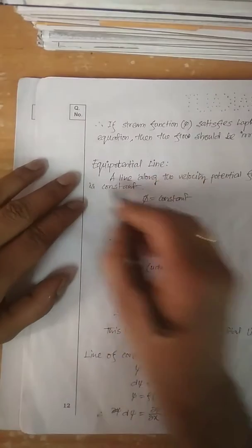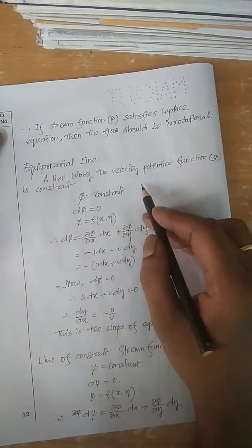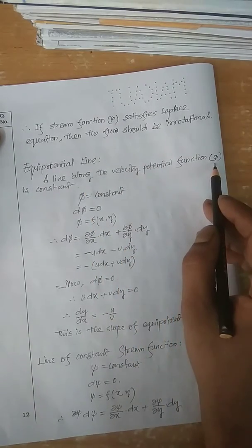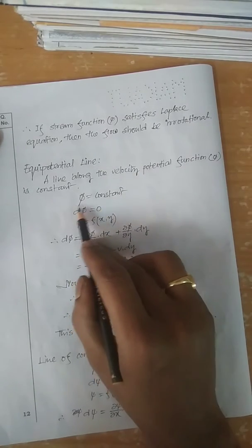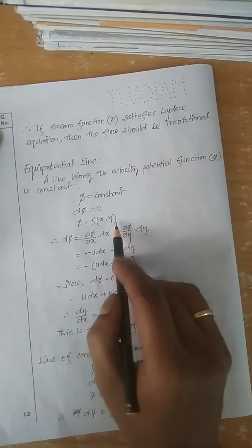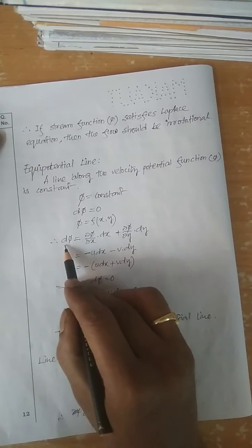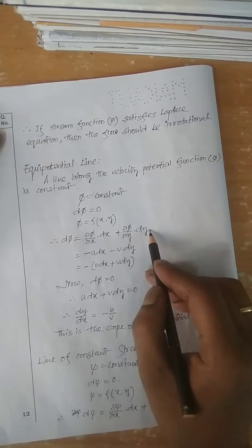Now the topic is the equipotential line. What is an equipotential line? An equipotential line is a line along which the velocity potential function, that is phi, is constant. So phi is equal to constant, so d phi is equal to 0, and phi is a function of x and y, so d phi is equal to del phi del x into dx plus del phi del y into dy.